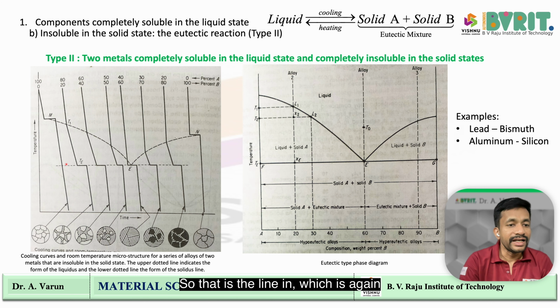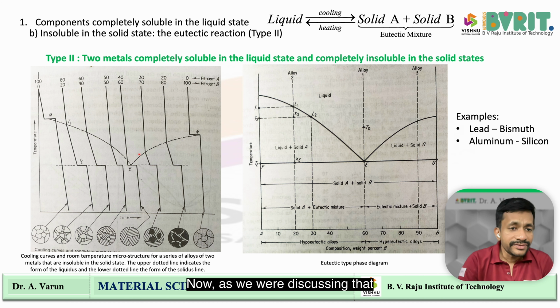That is the line which is again a horizontal one. So the beginning of transformation varies, but the end of transformation is at a constant temperature. And this happens to be the same across all the alloy compositions.